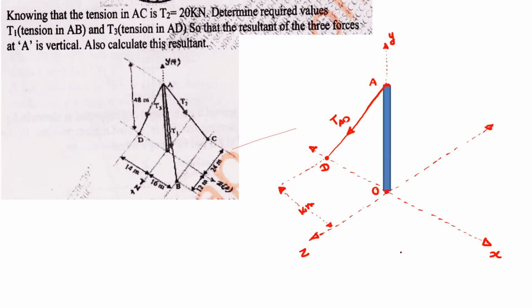Then point B. This is the position of the point B. It is 12 meter on the z side and 16 meter on the positive x side. So this point is B, and this is the cable connecting points A and B, with tension AB.